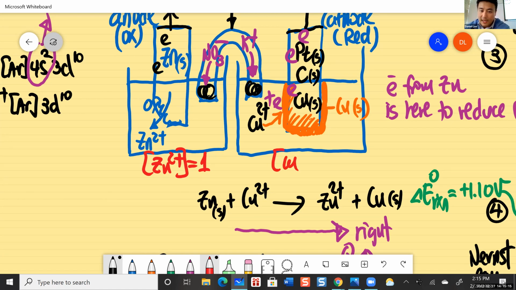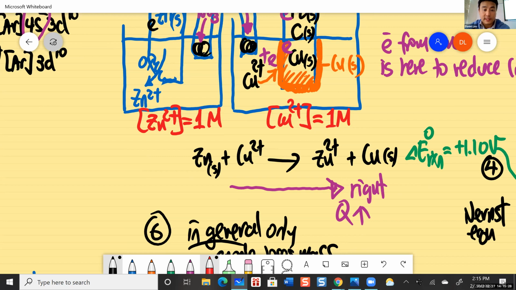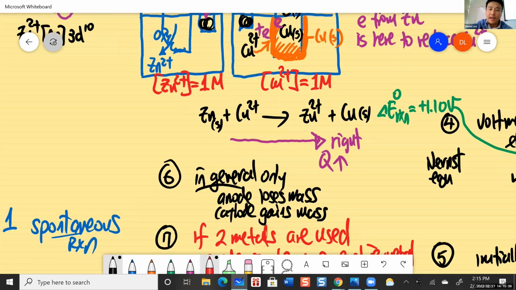And same thing with my copper 2 plus on the right side, it has to be 1 molar as well, because that is required by the standard conditions, yeah? So initially both zinc 2 plus and copper 2 plus are 1, so Q is equal to 1. But then as the reaction proceeds spontaneously, Q increases over time until Q becomes the equilibrium constant, okay? All right, so those are the items I'm going to put here.